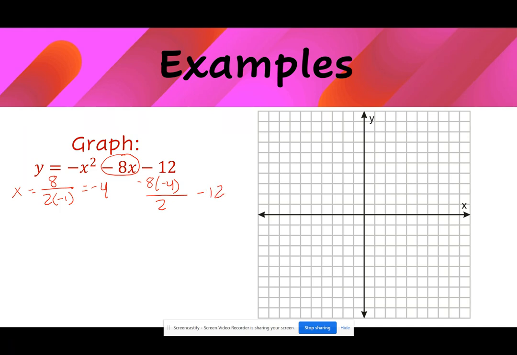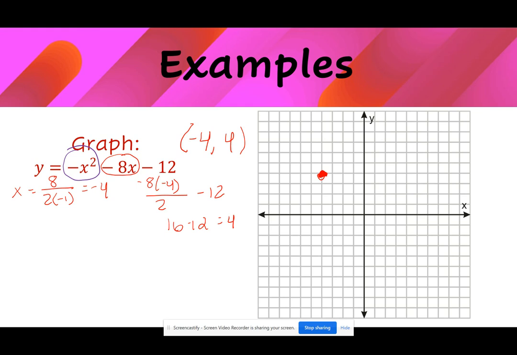So we got positive 32 divided by 2 is 16 minus 12 gives us 4. So our vertex is negative 4, comma 4. So I'm going to plot that point. So that's our vertex.